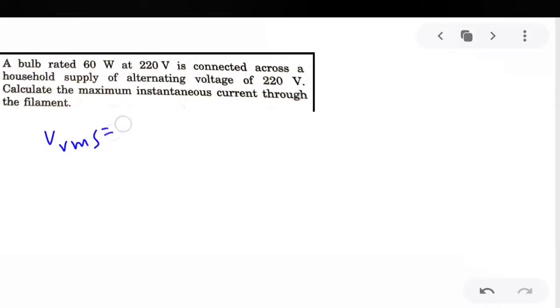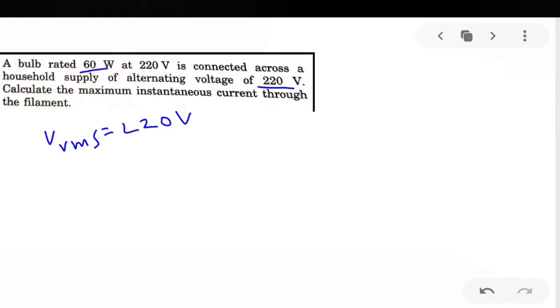Vrms is 220 volt, and Vrms means this source voltage, 220 volt. Now it is given that this is a 60 watt bulb.